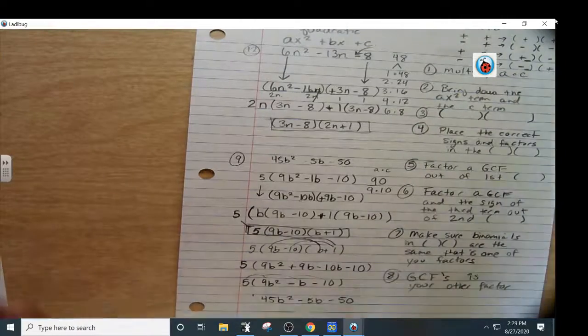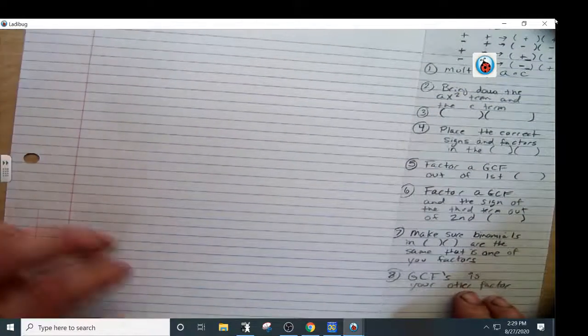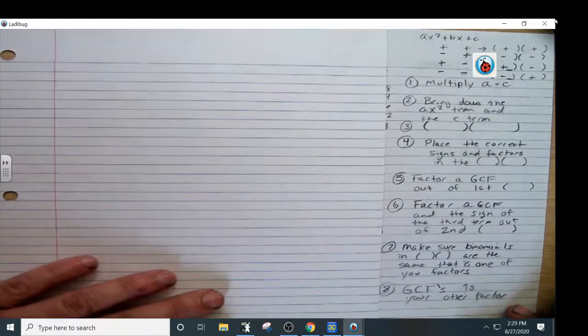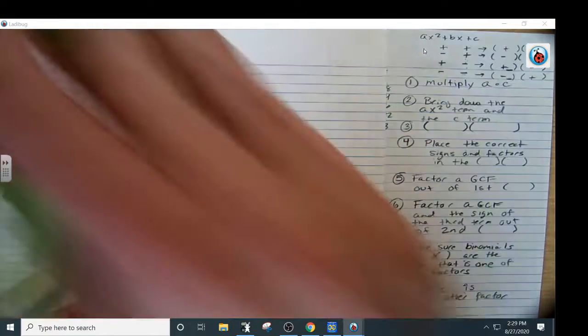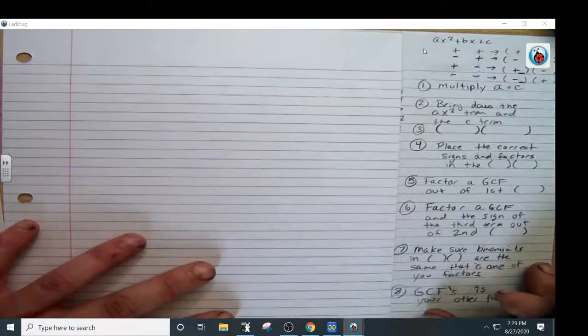Guys, remember, I didn't put it on the steps, but it is a known thing. Always look for a GCF first. Okay. Guys, y'all pick one and I'll do it for you. How about that?